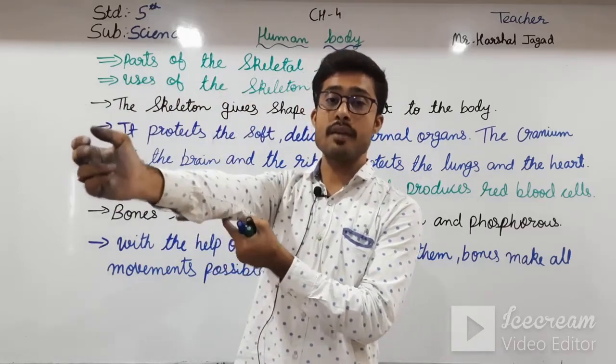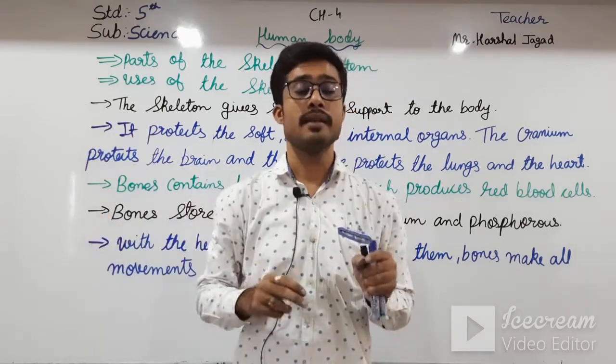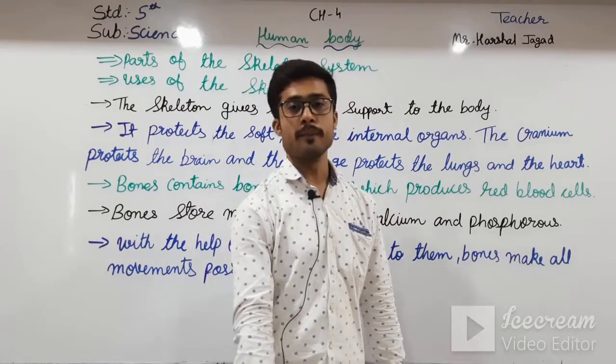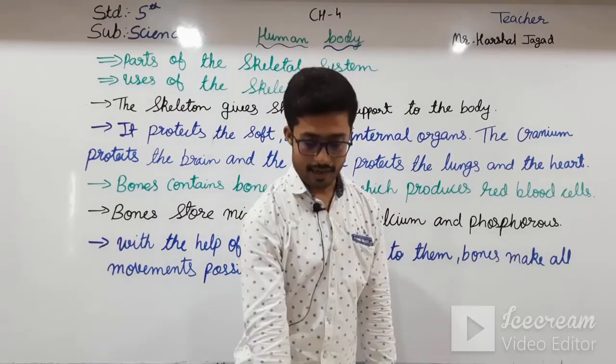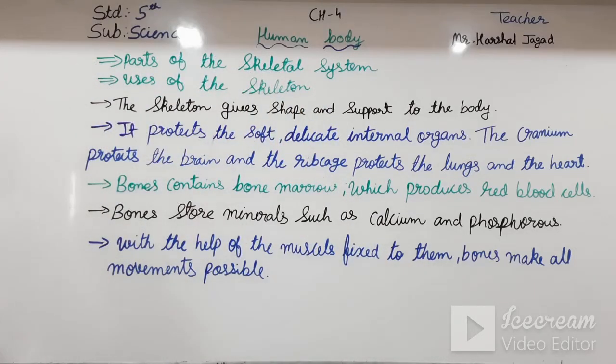Your hand can't be bent in the opposite direction. In your leg also it can move only this way, it can't move above. Why? See here, there are some points.